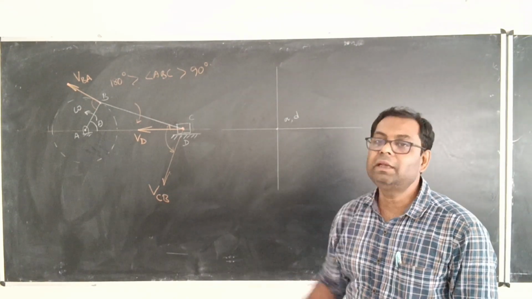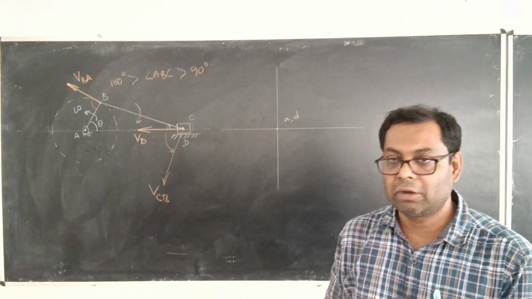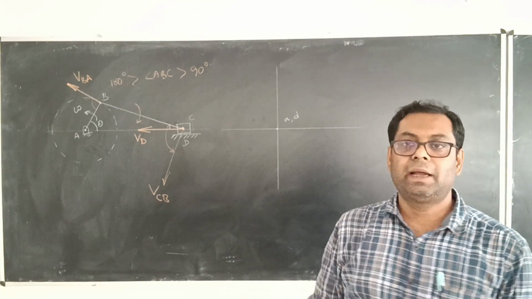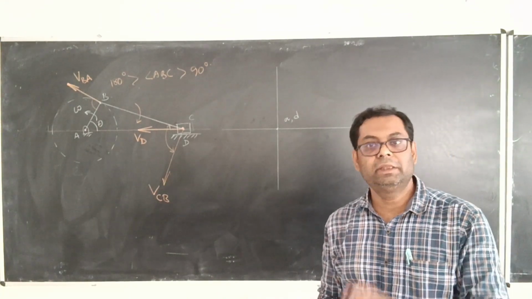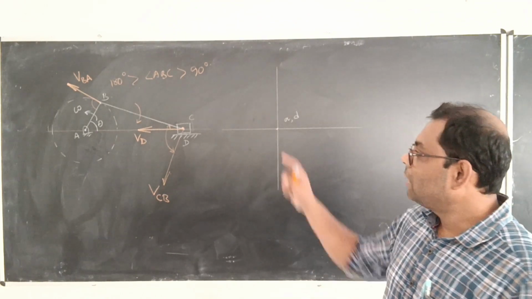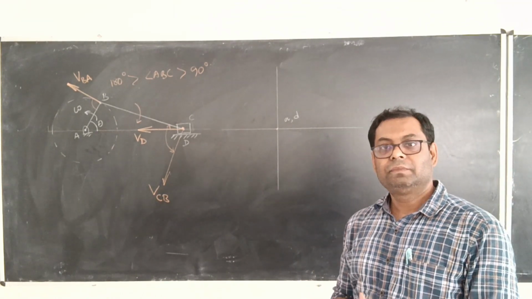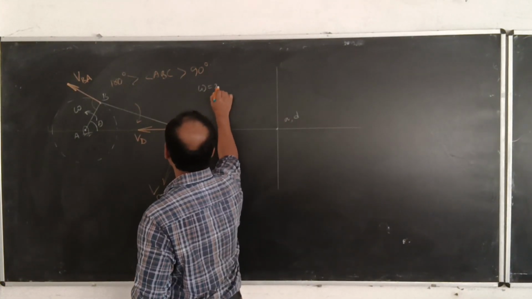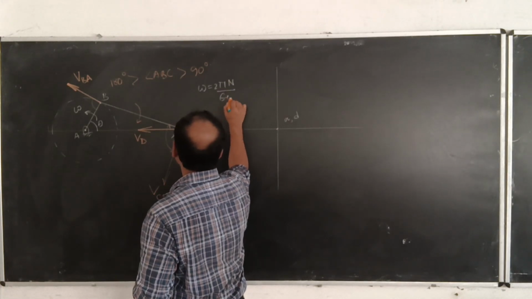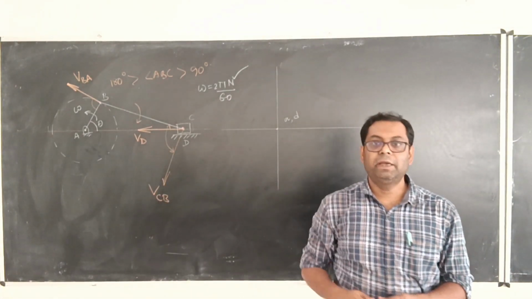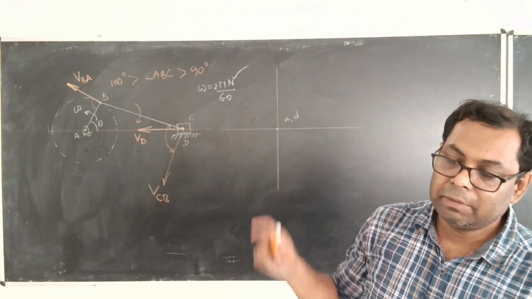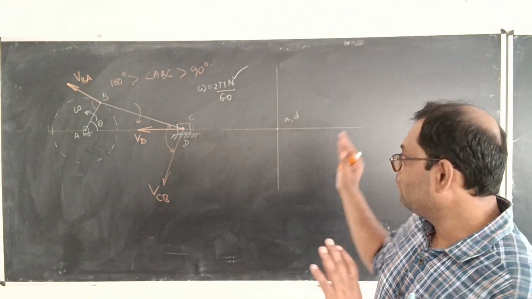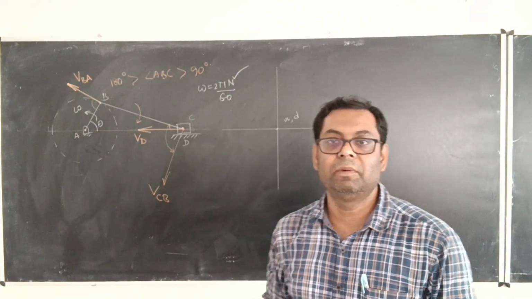That means not only the length of the crank and connecting rod, the distance between them and the angle theta, etc., should be provided as real data, but also the value of omega in RPM will be given, or we know that omega equals 2 pi N by 60. So maybe in some numerical problem, the RPM of the crank, that is A, will be given. From here itself we can find the value of omega.